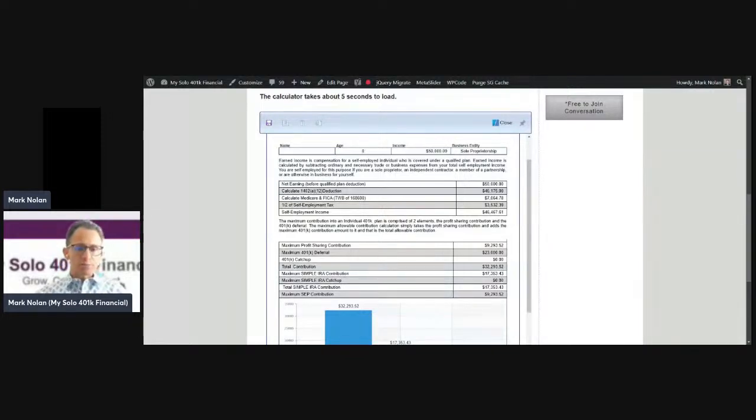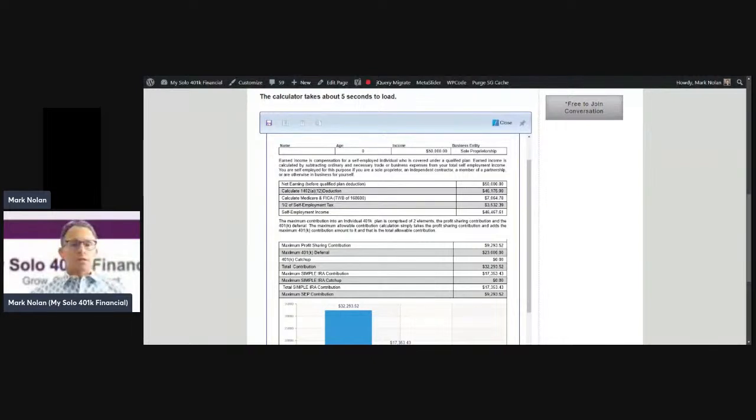So that gets subtracted from that 50,000, resulting in self-employment income of 46,467. And this is the amount that you can contribute as a voluntary after-tax solo 401k contribution. That 46,467 and 61 cents is the maximum you're going to be able to contribute if you only report $50,000 of line 31 Schedule C net self-employment income.